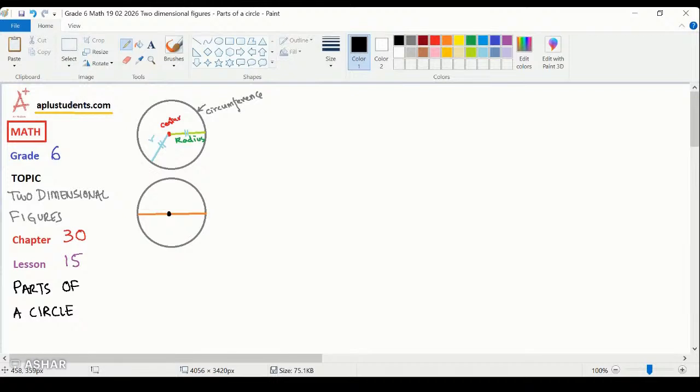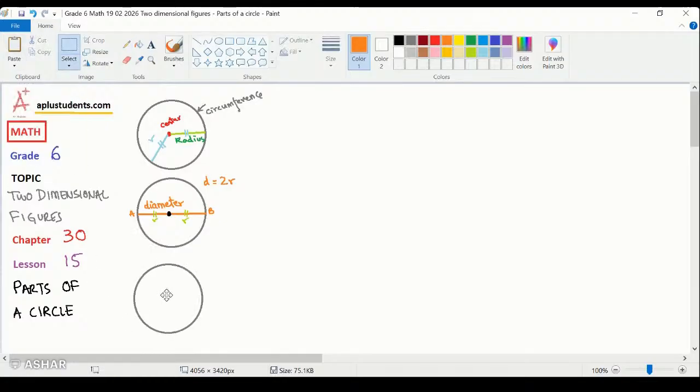This is radius and this is radius, but the total length from point A to point B is known as a diameter, and the diameter is always twice the radius. Agreed?